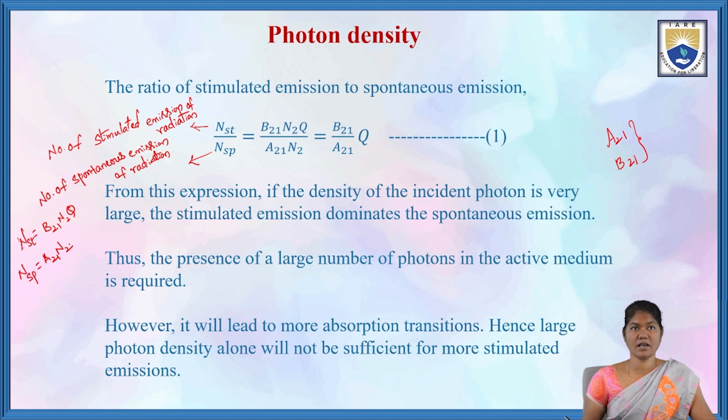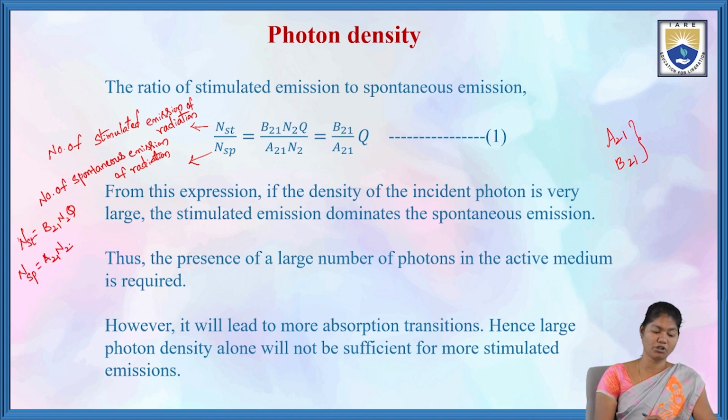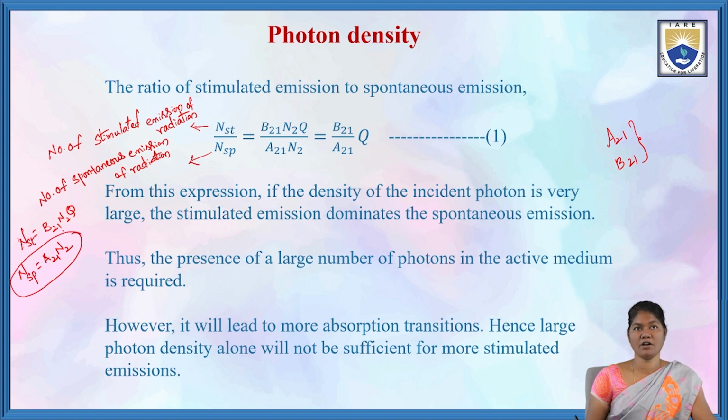The reason is that the number of spontaneous emission of radiation does not depend upon the incident photon density.